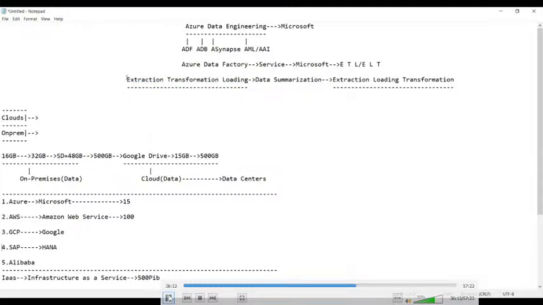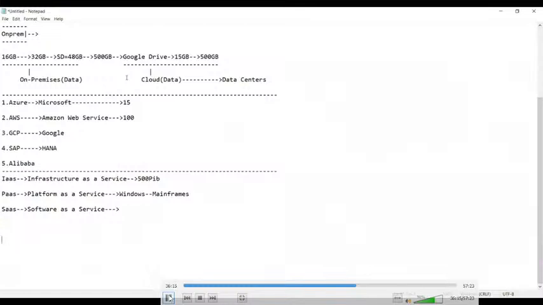Let's copy this. I'm coming down here. Now I'll explain with a simple example. Extraction, transformation, and loading.